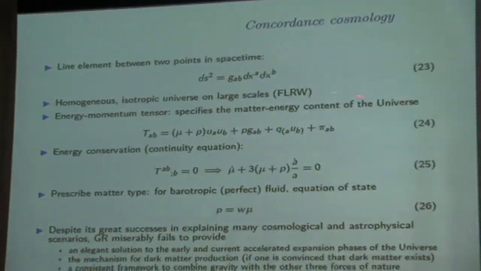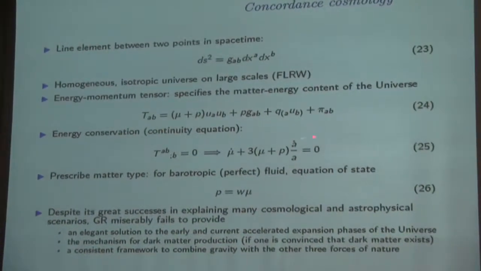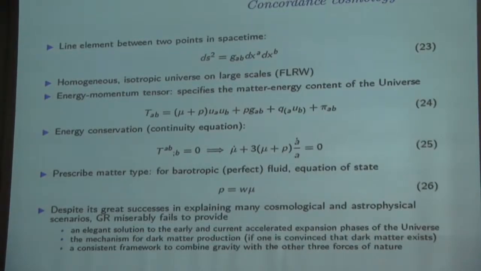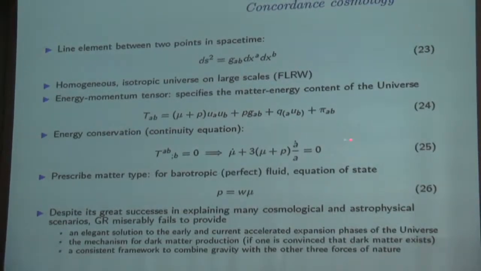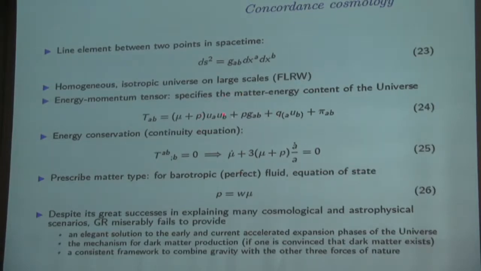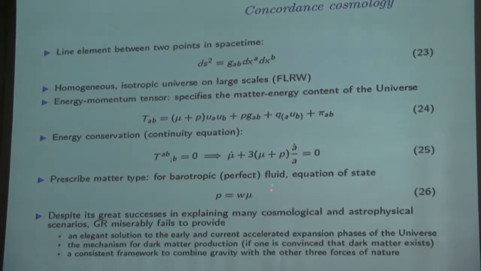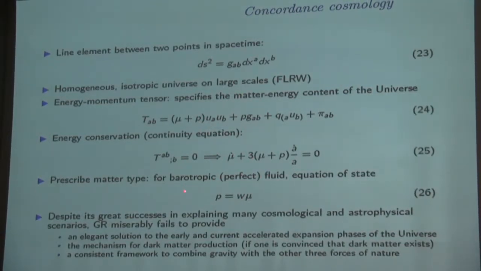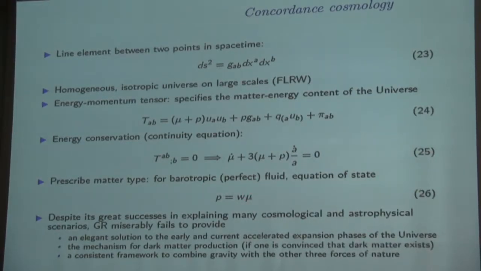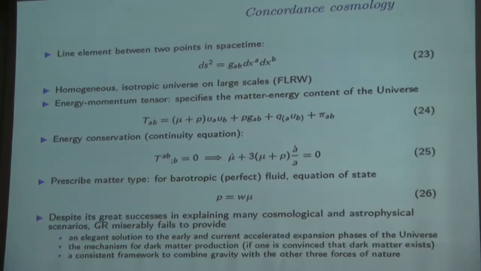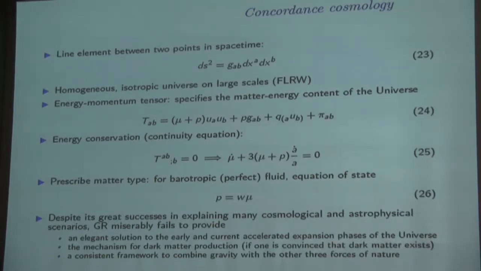We have the energy momentum tensor sourcing the energy content of the universe, and we have this continuity equation telling us how matter evolves with expansion. To close this equation, we need a relationship between the isotropic pressure and the energy density of the universe, provided through the equation of state, where w here is the equation of state parameter.